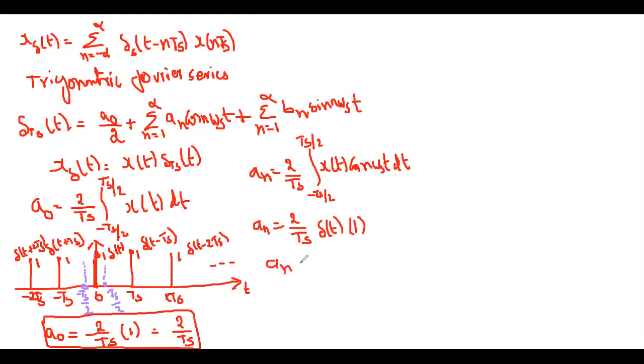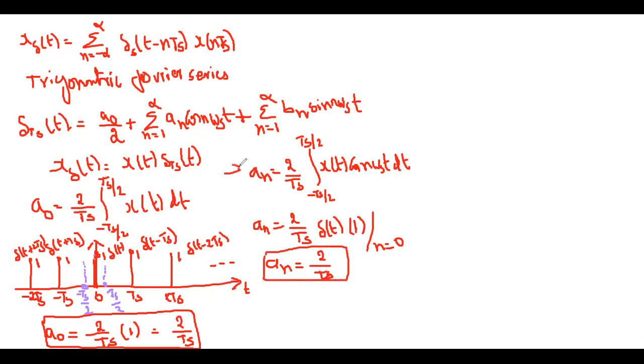So an is equal to, the same thing, 2 by ts, when n is equal to 0. Delta t minus n into ts, when n is equal to 0, becomes delta of t, and cos 0 is 1. So an is equal to 2 by ts.